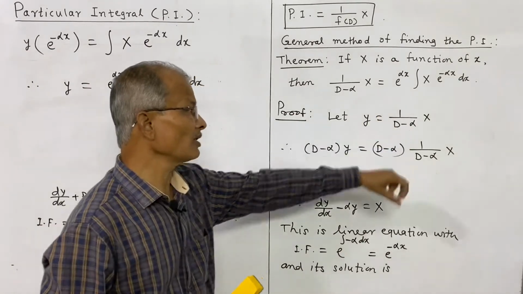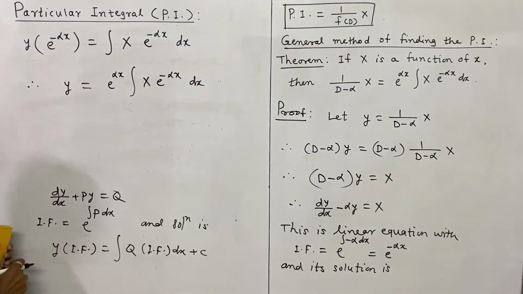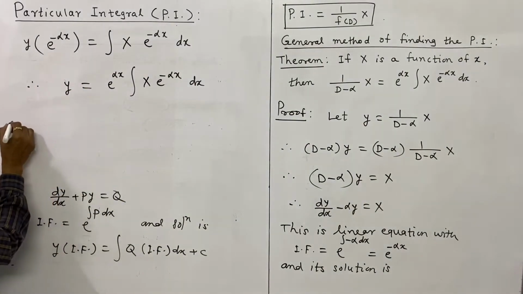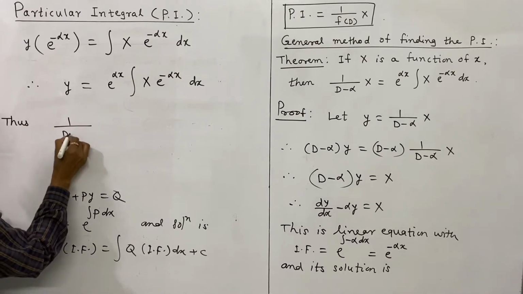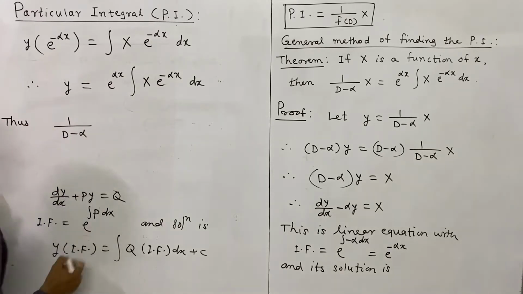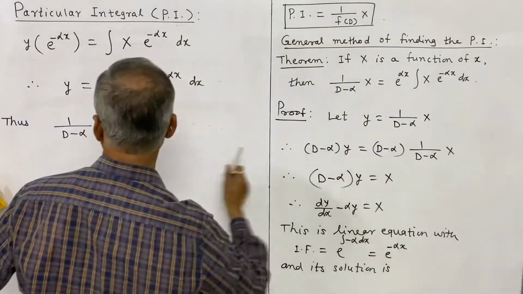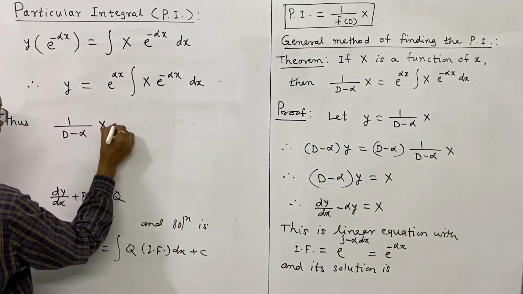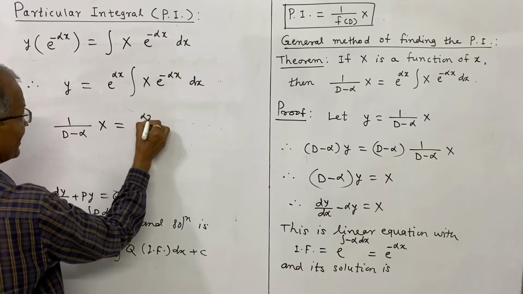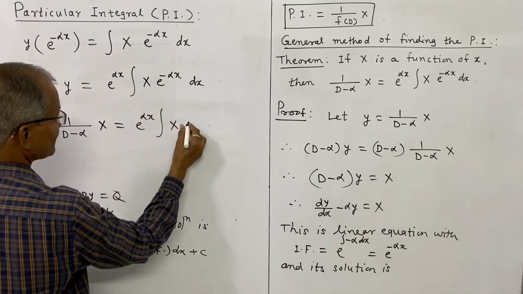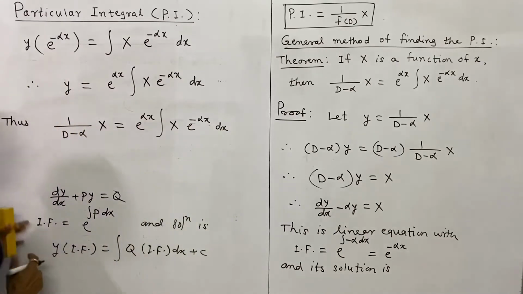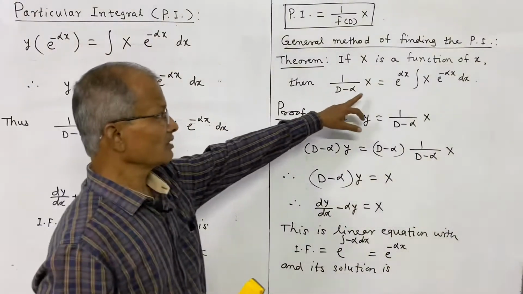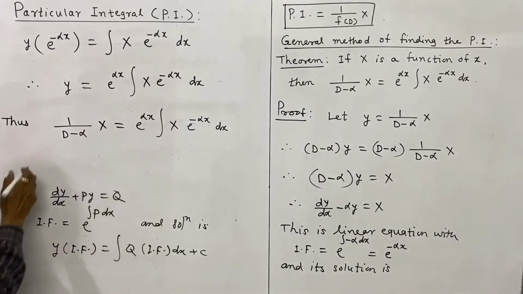Y is 1 upon D minus alpha operated on X, and thus 1 upon D minus alpha operated on X gives e power alpha x integration X into e power minus alpha x dx, and this proves the theorem. See, this is the same result we have obtained.